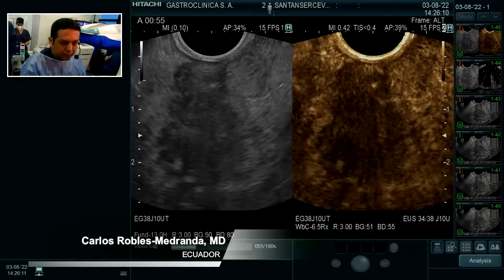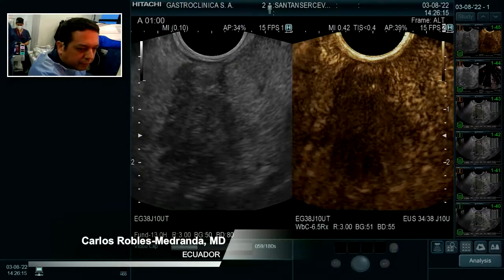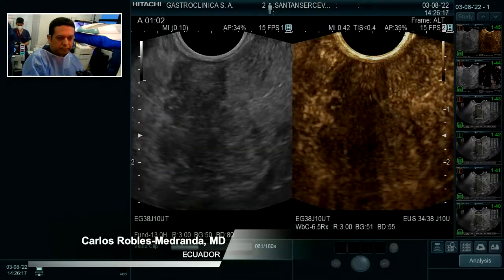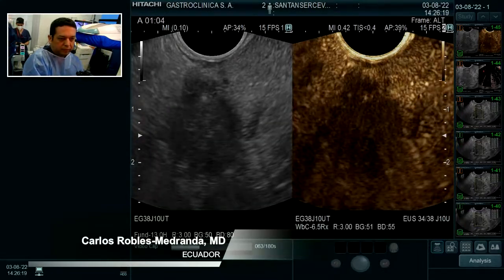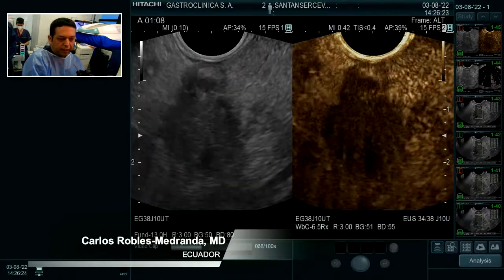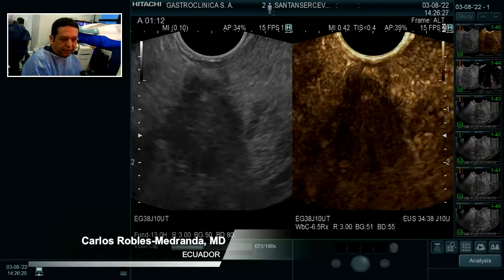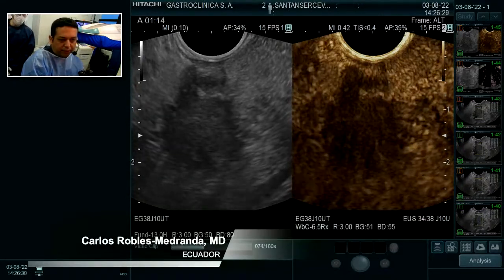You see very well, it's very nice. So no contrast captation, and some vessels in the peripheric area of the lesion. So I confirm the same result from DFI.